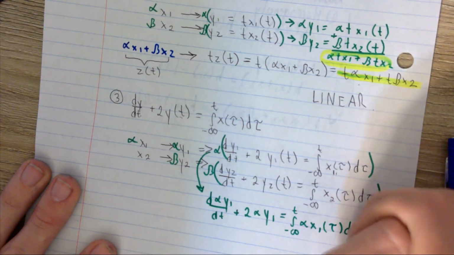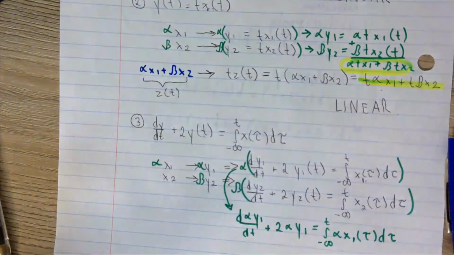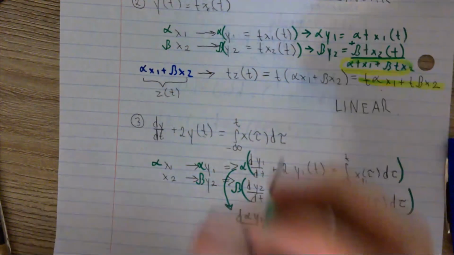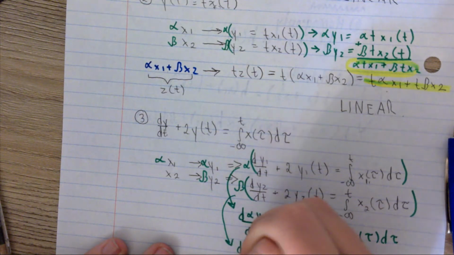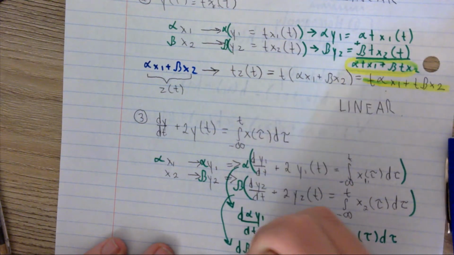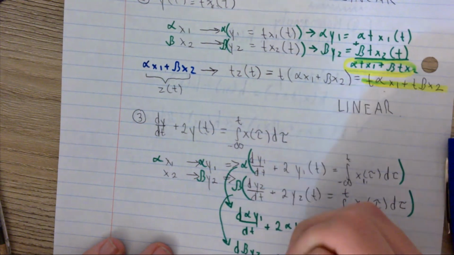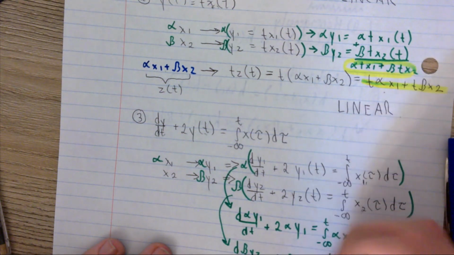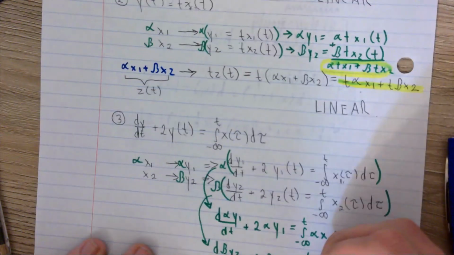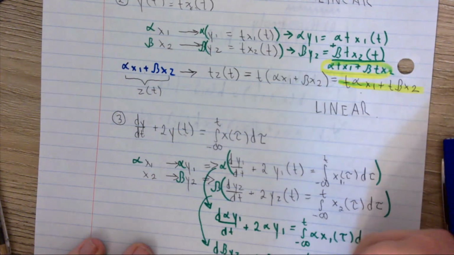And then the second one here is going to be d(beta y2)/dt plus 2 beta y2 equals the integral from negative infinity to t of beta x2(τ) dτ.